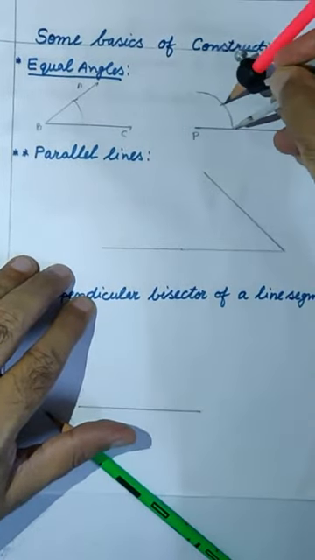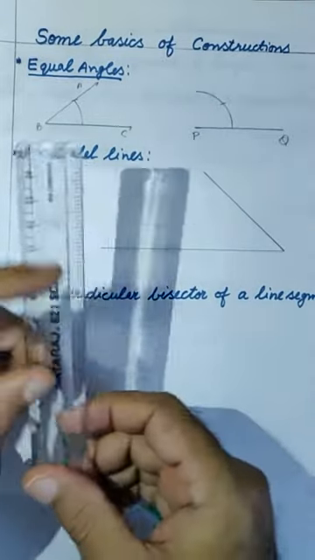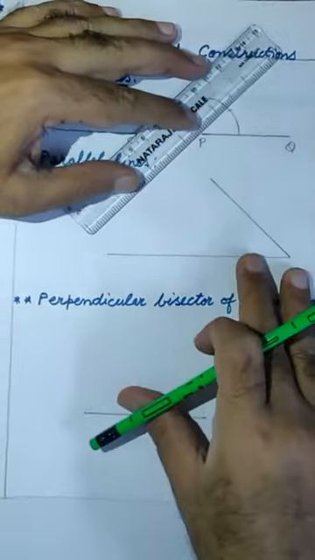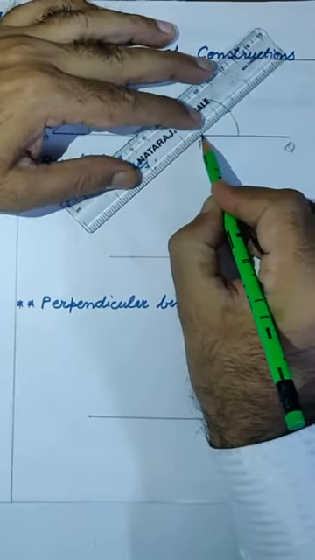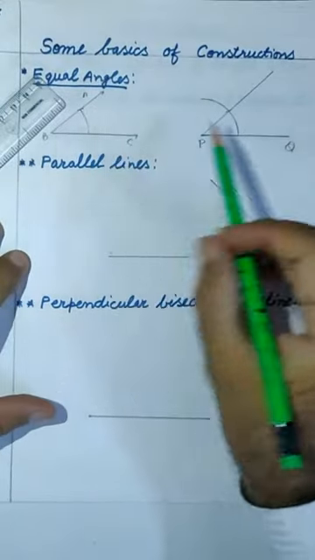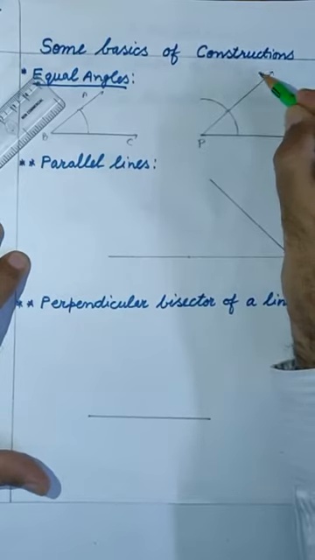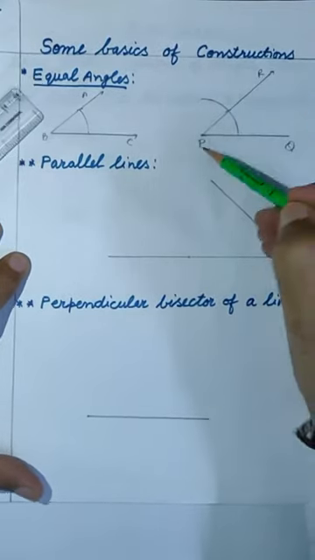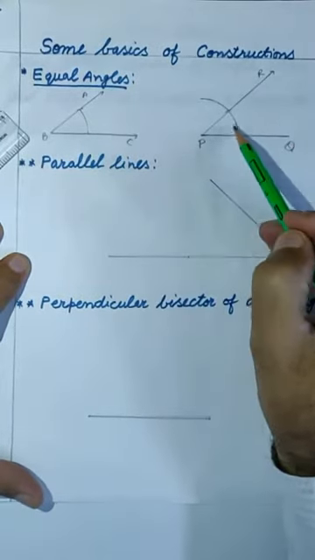What you will get is the same angle here with the help of a compass, and you see these two angles, if I write the name R, this RPQ or QPR angle and this angle are the same.